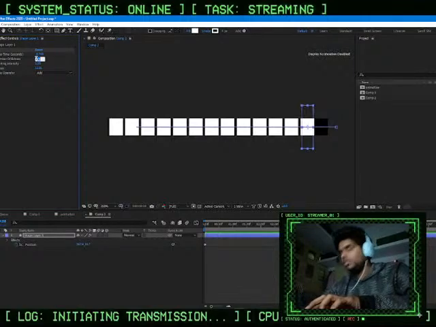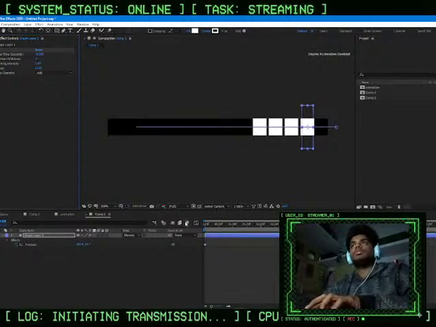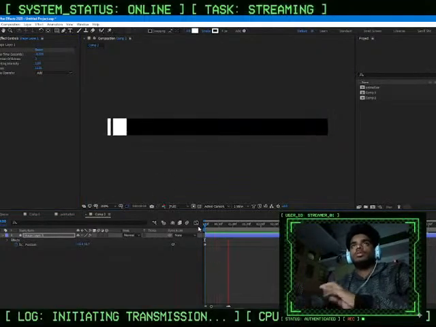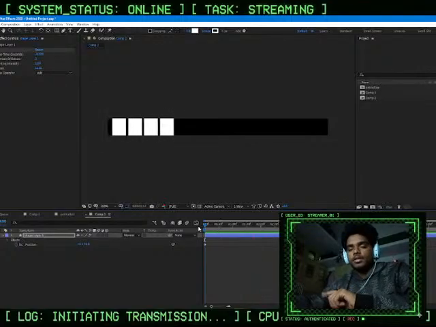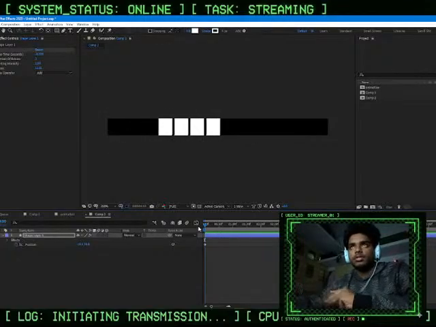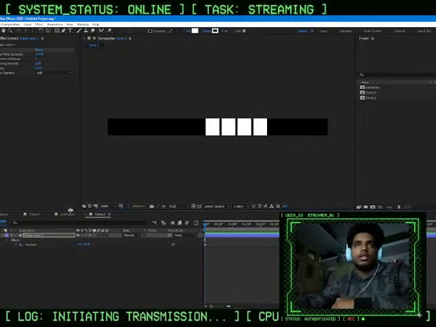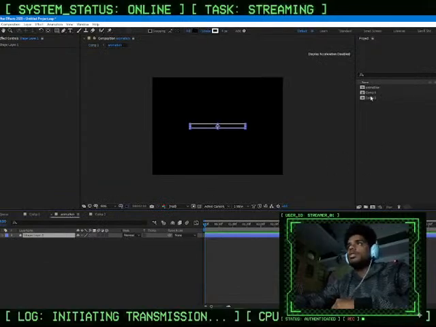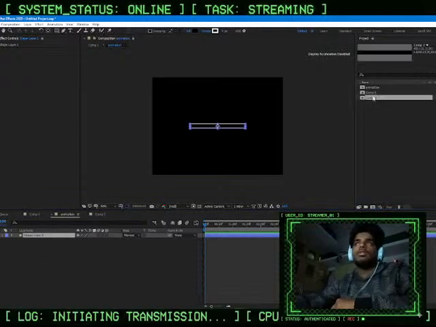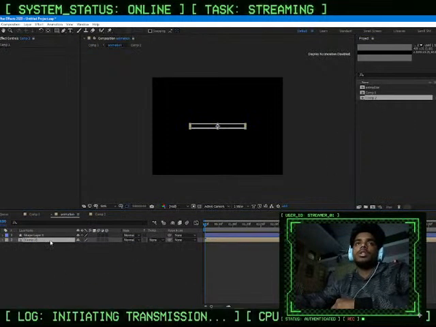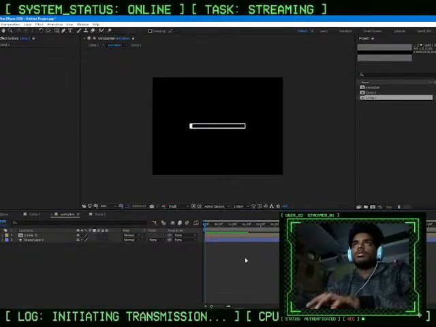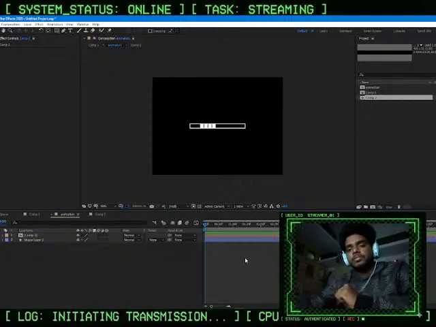I'll put number of echoes as 3. What do you think? This thing can keep looping, so having it like this works more than this animation. So this is comp 2, which I put in here, and we just check how it works. We actually made a simple loading animation.